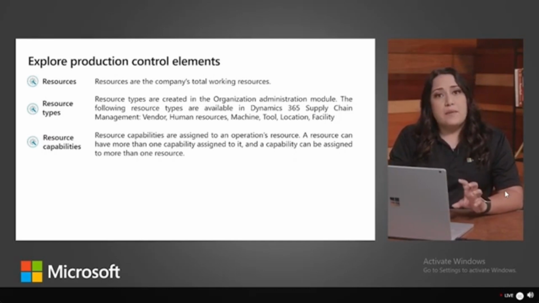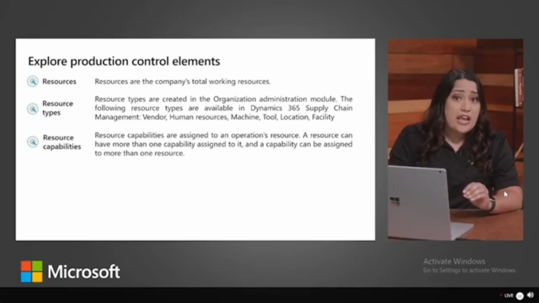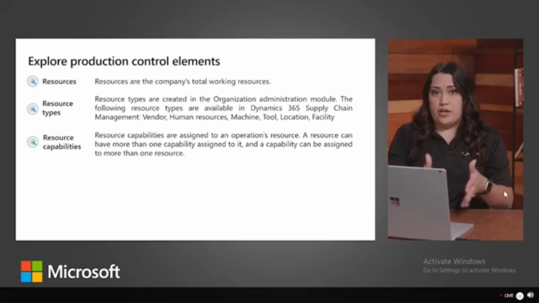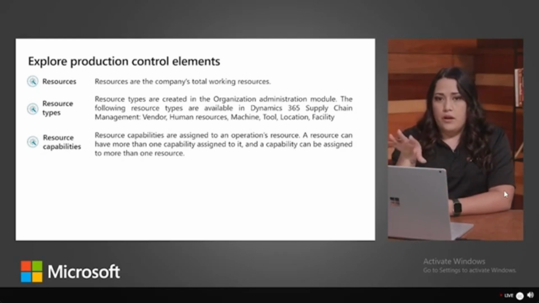So the Dynamics 365 Supply Chain Production Control module allows your manufacturing facility to change production orders so that they're streamlined to your specific production requirements. But before we start creating a production order in the system, let's discuss a few of those different elements.